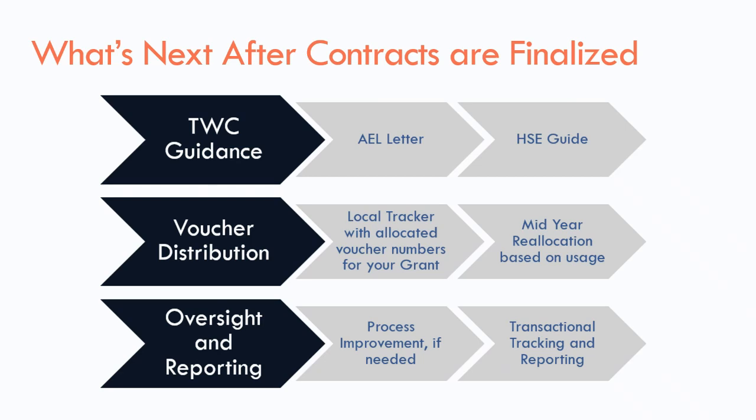Because our goal is that we want to get these spent down and utilize this resource that TEA has given us. And then for oversight and reporting, we're going to constantly be improving on this process over the next year.